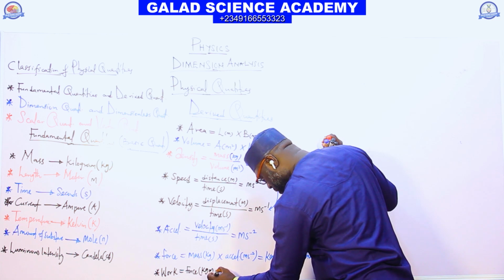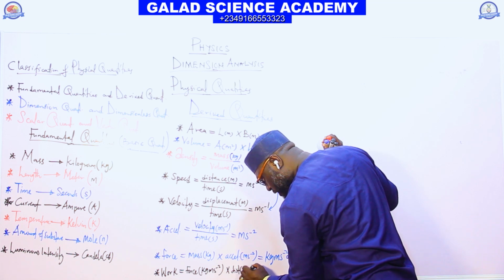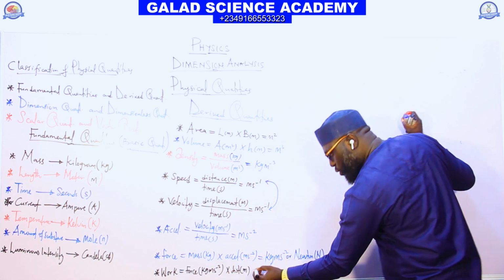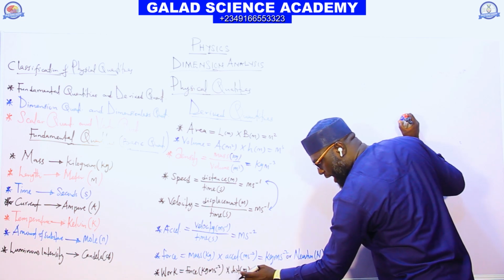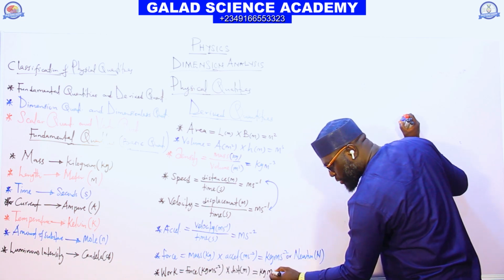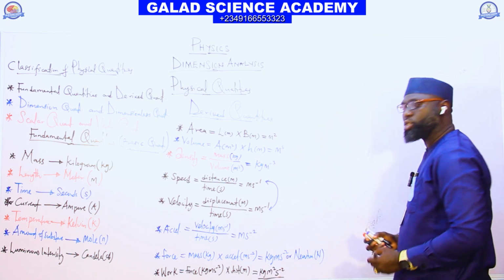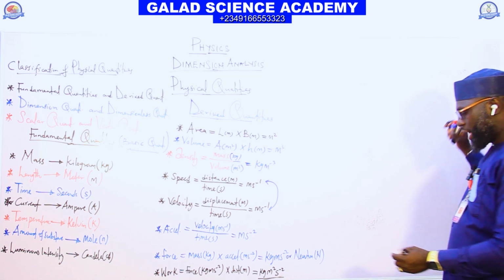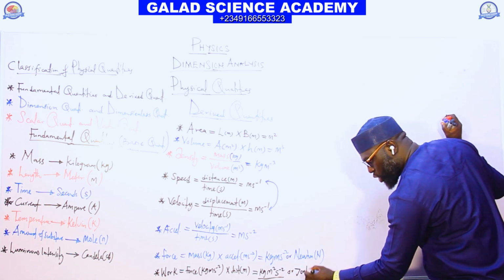Kilogram meter per second square, multiplied by distance. Distance is meter. So you now have kilogram m times m square per second square. That's work done. And this work done, it can also be measured in joule.